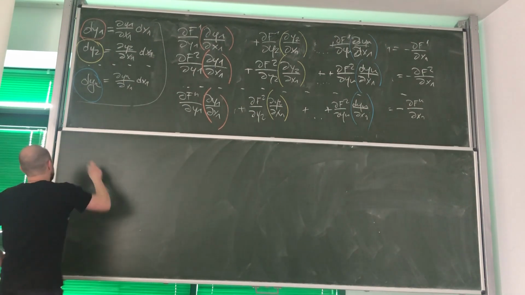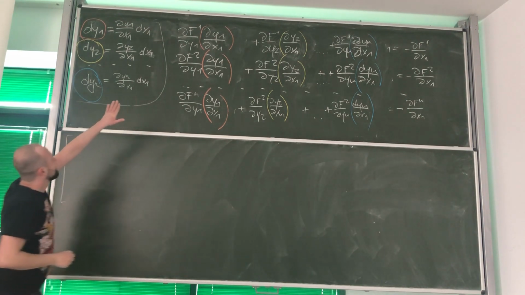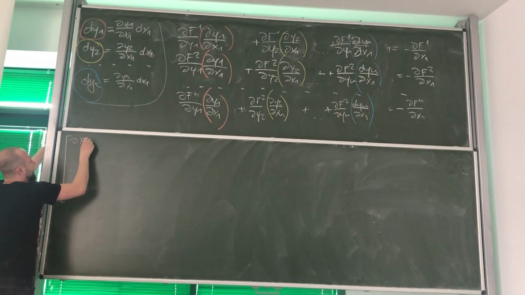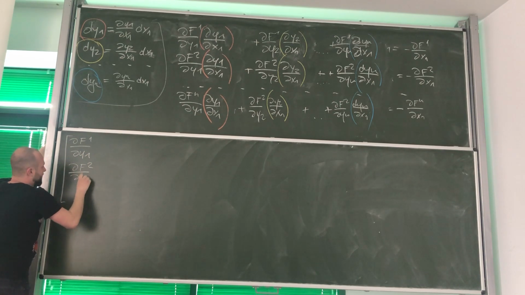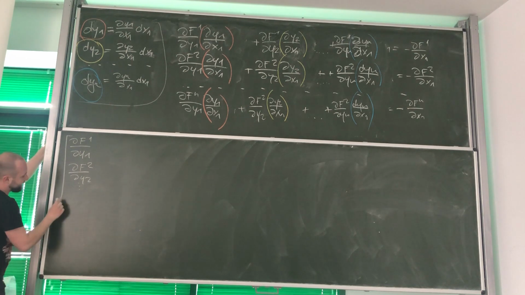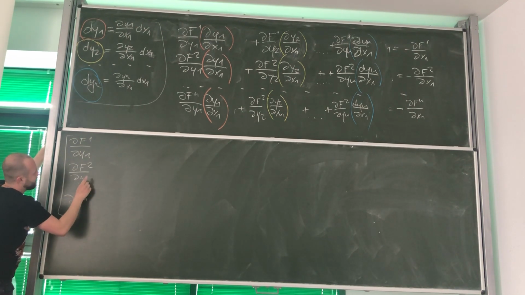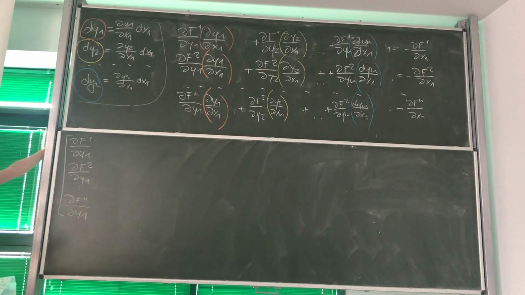Well, okay, look, let's start with the first coefficient in the first column. This is going to be df1/dy1. Then we would have df2/dy1, and we would have it like this until dfn/dy1. Right?